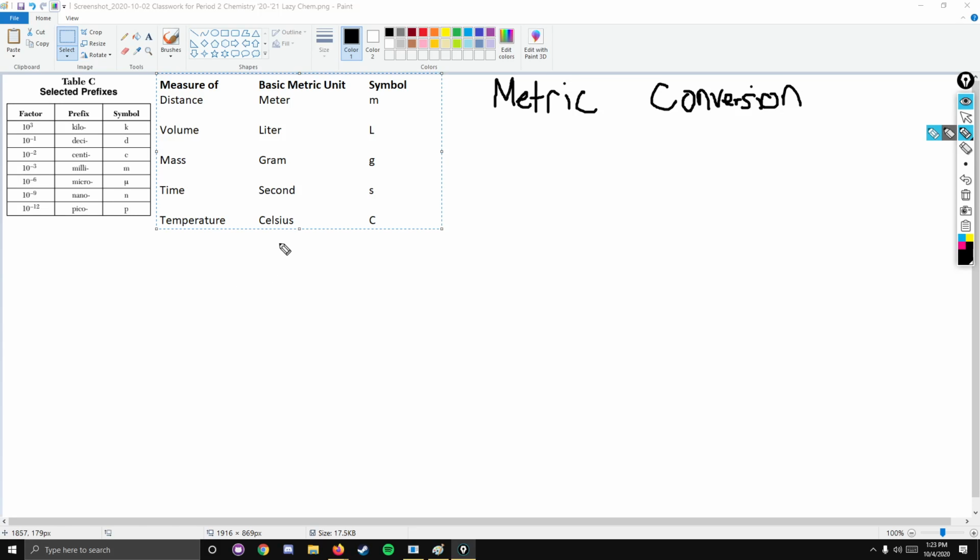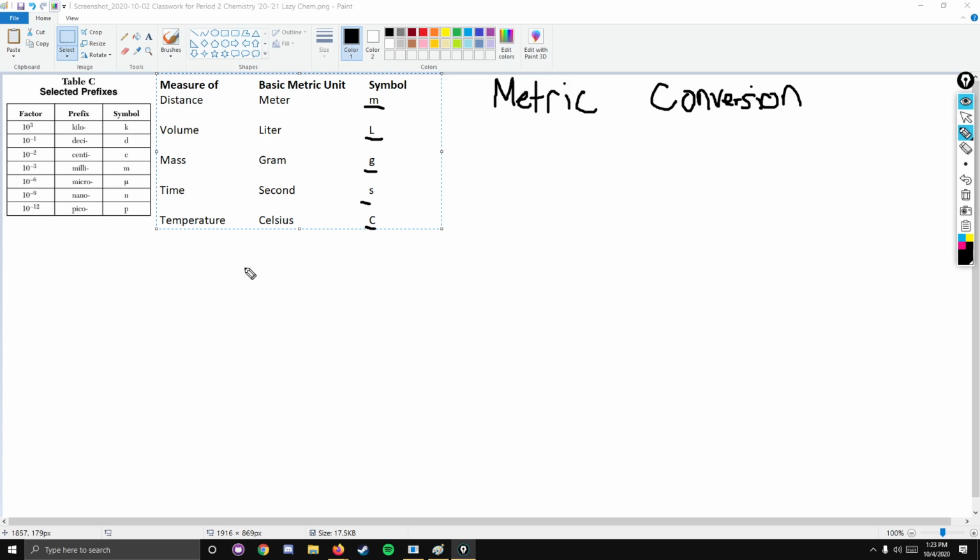So today, talking about metric conversion, the main units you need to pay attention to in the metric system are meters, liters, grams, seconds, and Celsius.